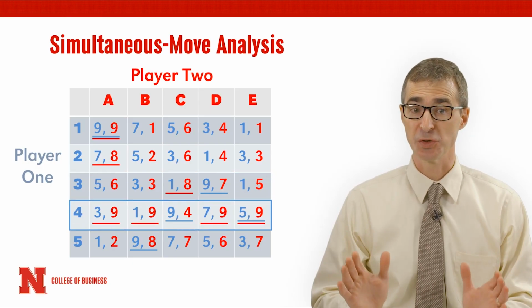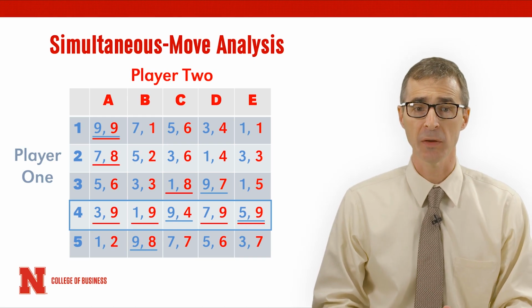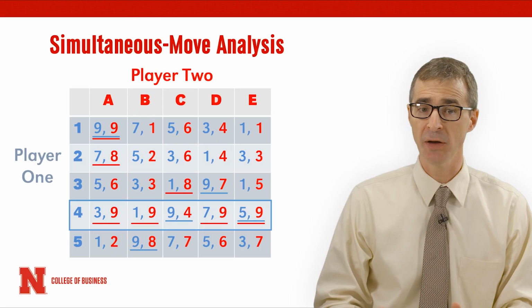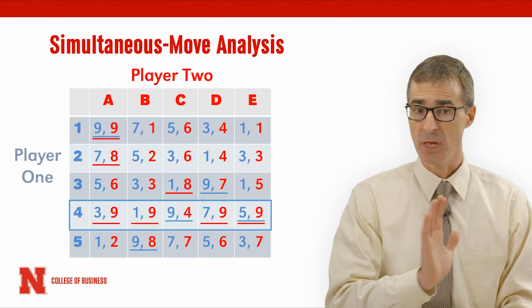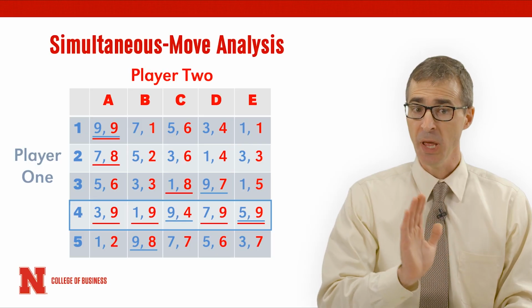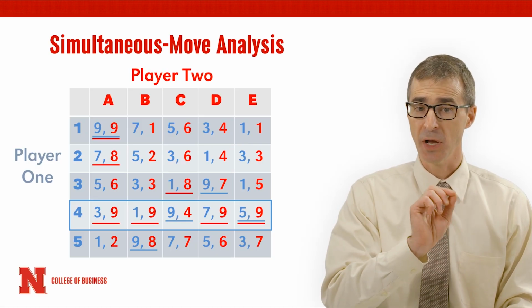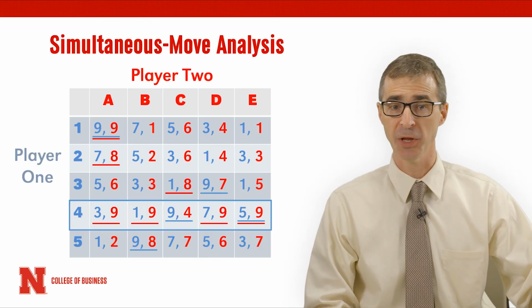If player 1 chooses strategy 4, player 2 can obtain, let's see, well, now this is interesting. Player 2 can obtain a payoff of 9, which is the highest possible payoff if player 1 is choosing strategy 4. And there are actually 4 different ways they could do that. So we're underlining here column A, column B, column D, and column E for player 2.